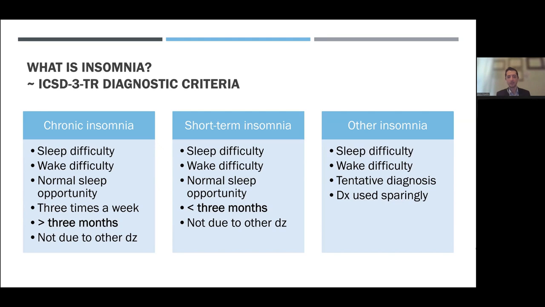That's a very important aspect of placing a proper diagnosis, because a lot of other conditions can cause insomnia-type symptoms, and it may not be a chronic insomnia disorder. And you can have chronic insomnia and another sleep disorder or another condition at the same time.